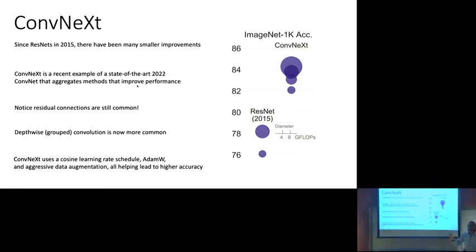Don't mix the weight decay into the gradient, so don't compute the derivative of something with the regularizing term. Have the weight decay out separately, because you don't want the adaptation mucking around with the weight decay. They use the more aggressive data augmentations that we talked about instead of the classical ones that ResNet would use. You put all that together and you get this higher accuracy.